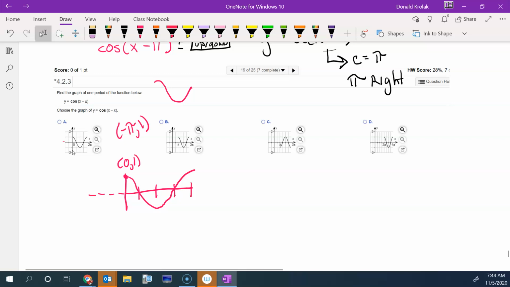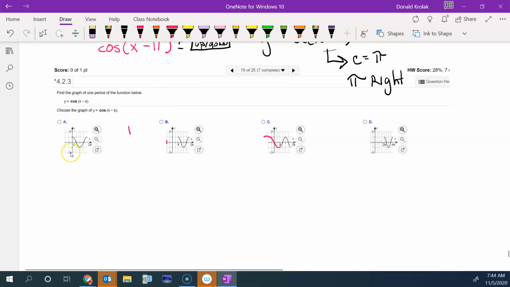None of these drawings have it. This is where negative pi would be. Oh, I'm a ding dong. I don't know why I had negative pi in my head. All right, look for a regular cosine then, Araceli, that starts at pi.